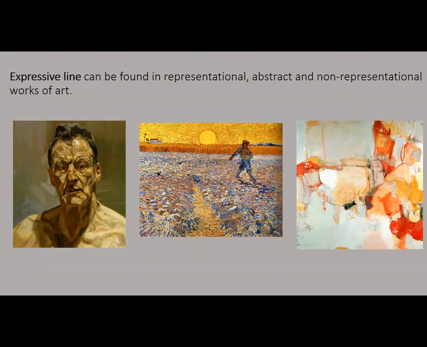It can be found in representational painting by Lucian Freud. So it can be in representational paintings that are more realistic looking, more abstract paintings. These paintings of Van Gogh are much more abstract, or it can be found in non-representational paintings.